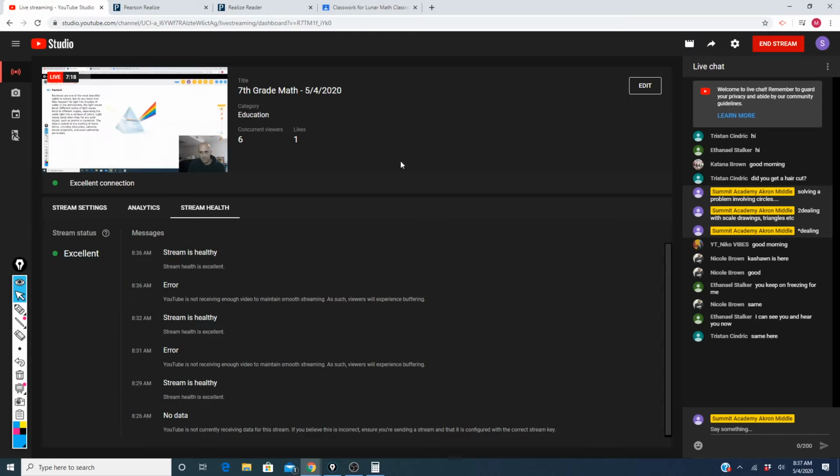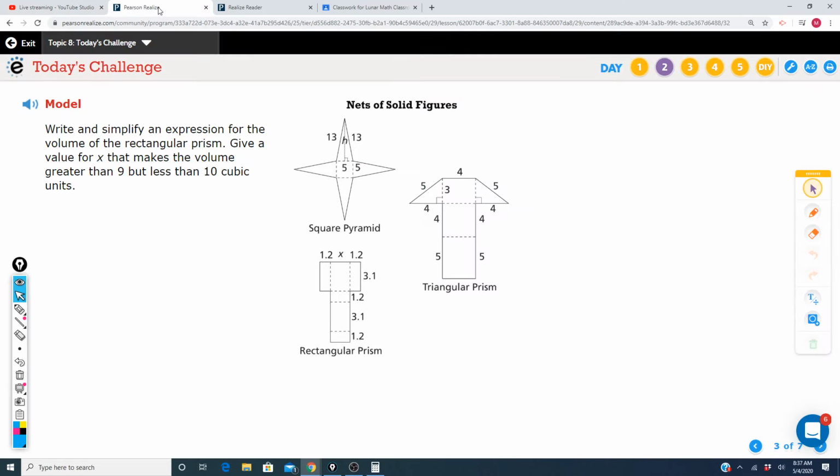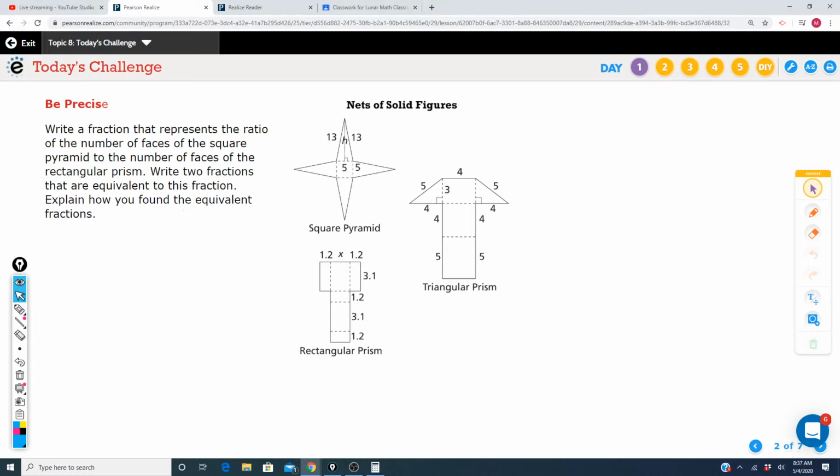So what I want to do is start off with this. Again, bear with me, but if you looked at this net, and I said to write a fraction, here's the question we have.